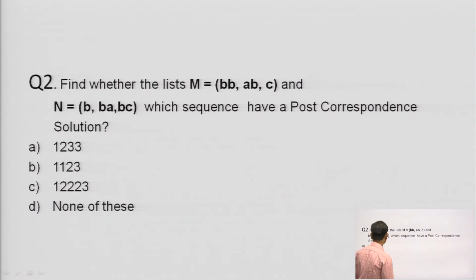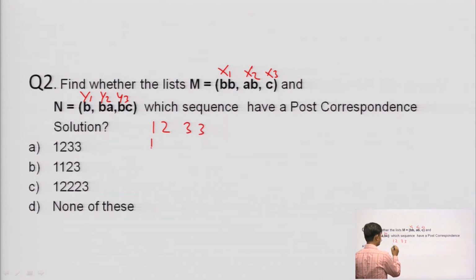Suppose the sequence is x1, x2, x3 and y1, y2, y3. The option gives the sequence 1 2 3 3, where 1 is bb, 2 is ab, and 3 is cc.